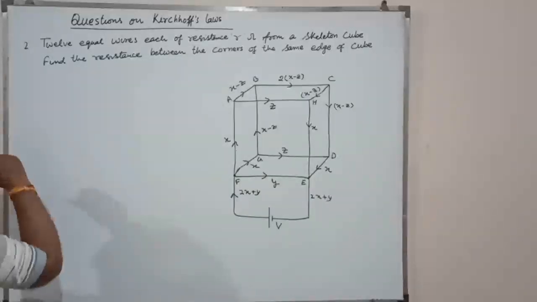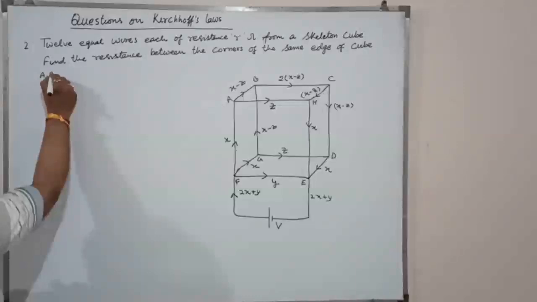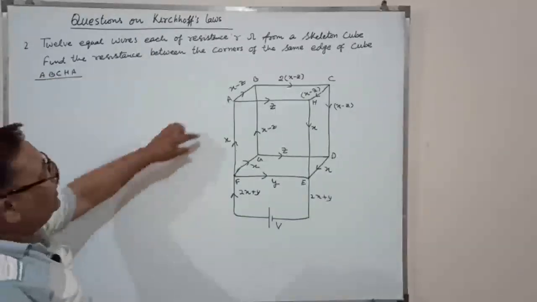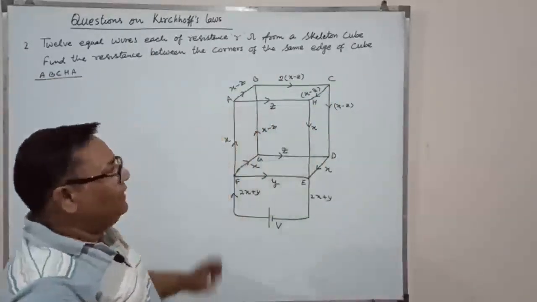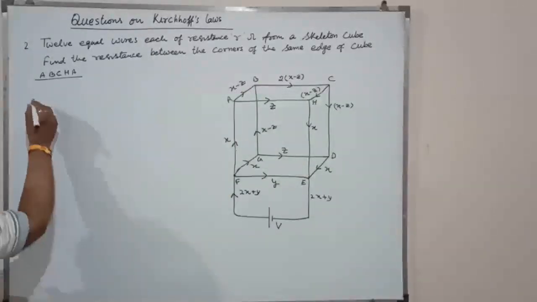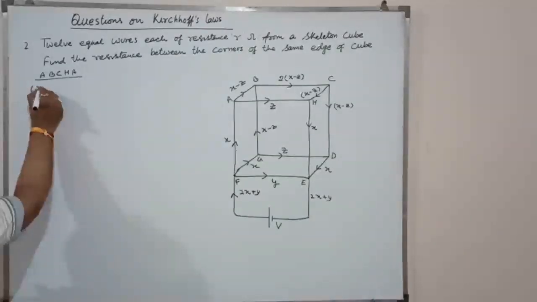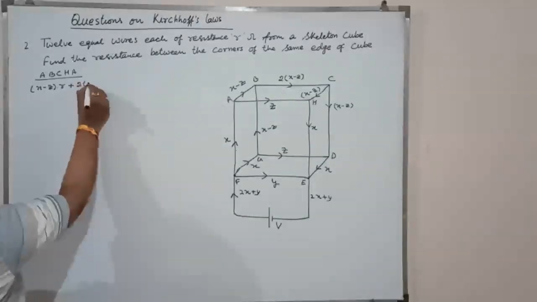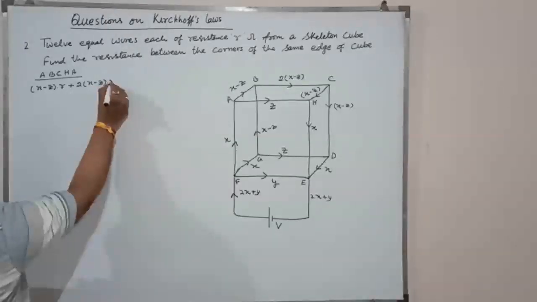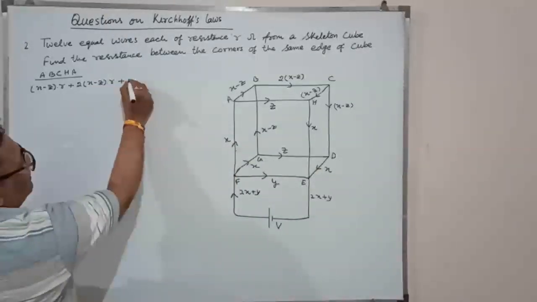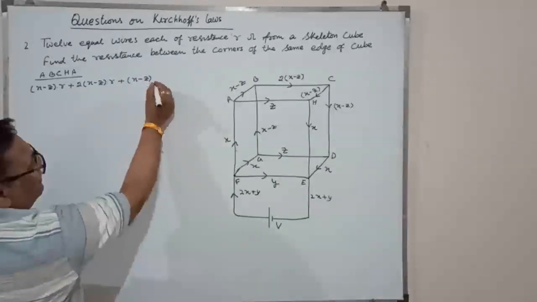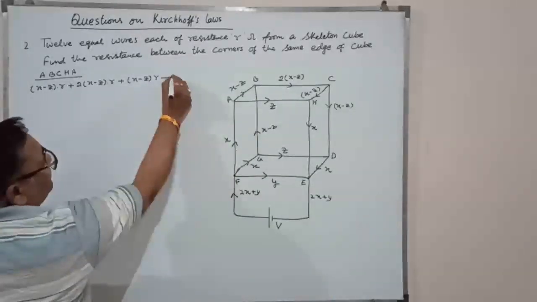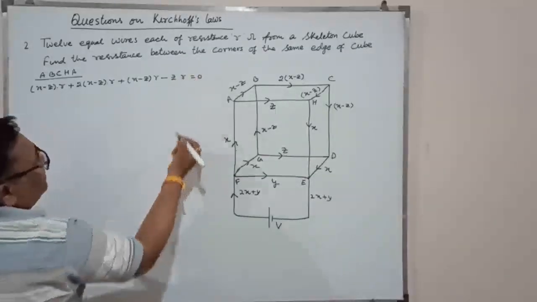Take the closed mesh A, B, C, H, A. Current this side, this is x minus z into R, plus 2x minus z into R, plus x minus z into R, minus z into R is equal to 0.